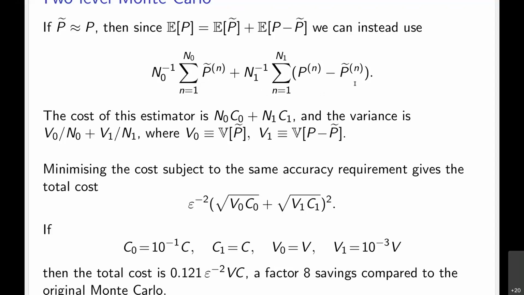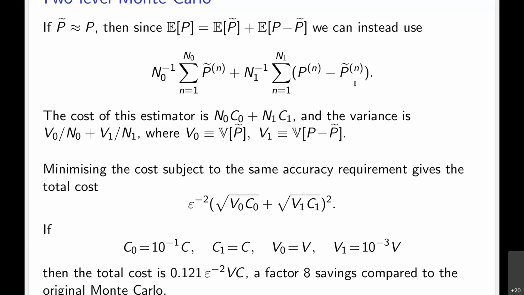The combined cost of that estimator is clearly n0 times c0, c0 being the cost of doing P tilde, plus n1 times c1, with c1 being the cost of the difference. The variance, as given here, is V0 over n0 plus V1 over n1.